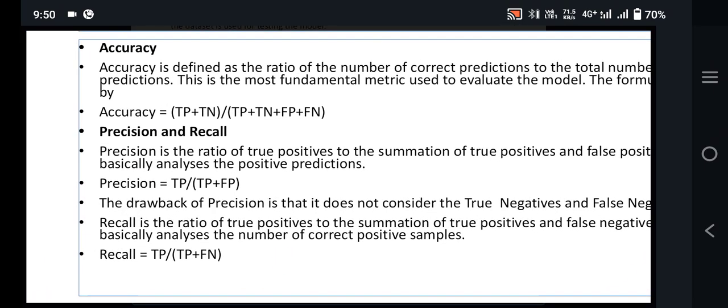The next parameter is recall. It is the ratio of true positives to the summation of true positives and false negatives. It basically analyzes the number of correct positive samples.